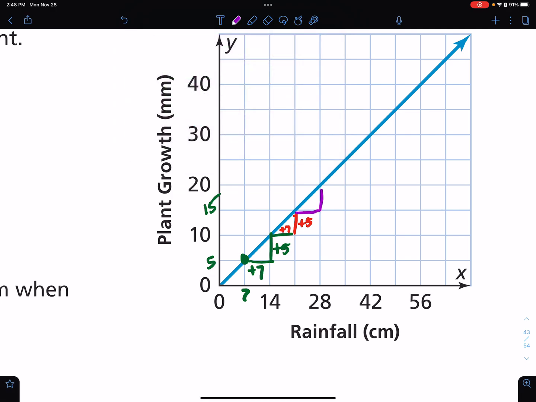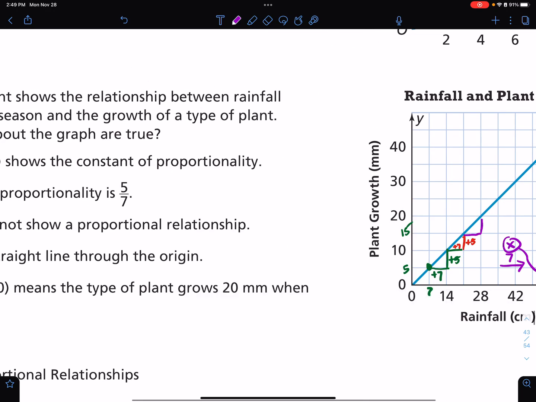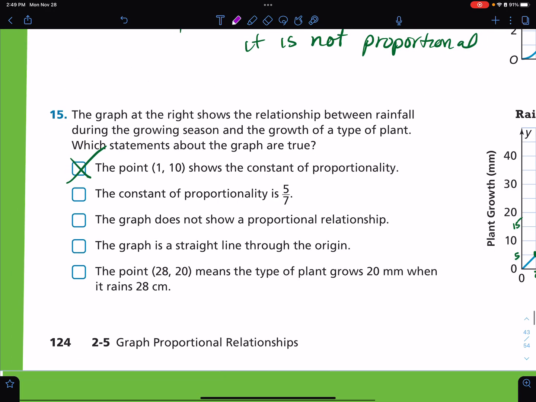Since our 7 went that way, that is my x term. Since my 5 went this way, that is my y term. So I know that k equals y over x. And since we know that y is 5 and x is 7, k will equal 5 over 7. So this one is correct.